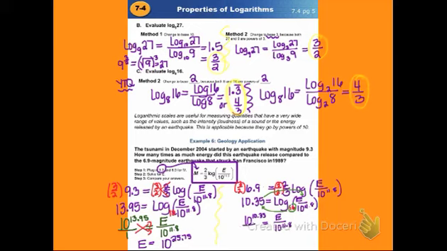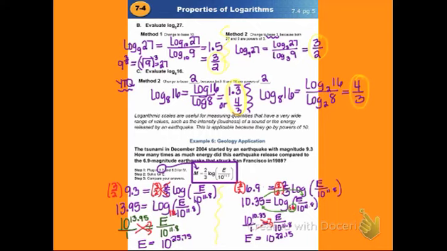I can turn that into a proportion by putting that over 1, do the cross products again, and I get E is equal to 10 to the 22.15 power. I got that by adding the exponents 10.35 and 11.8, because when the bases are the same, you add the exponents.